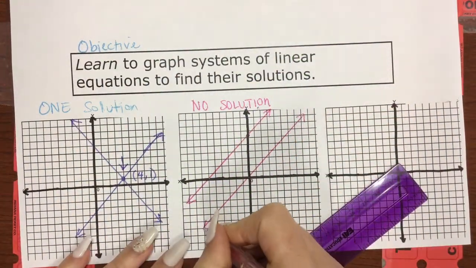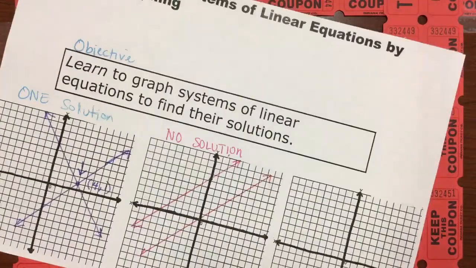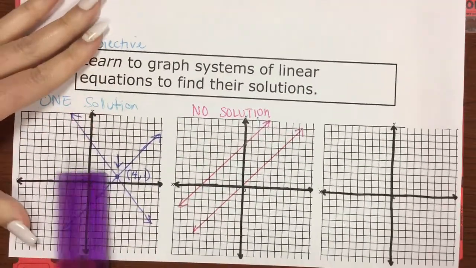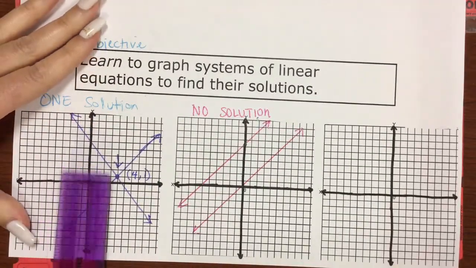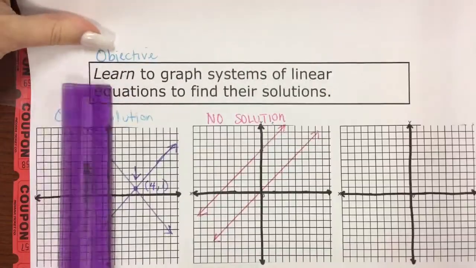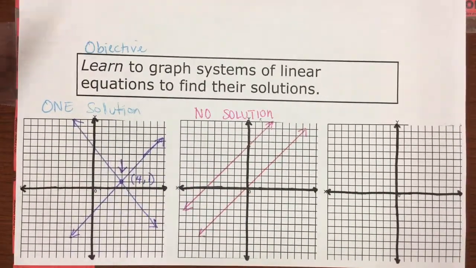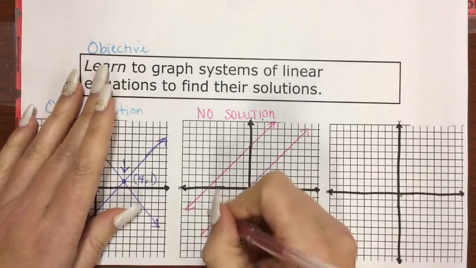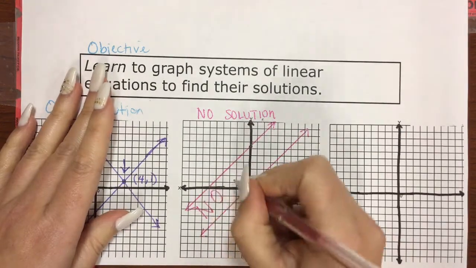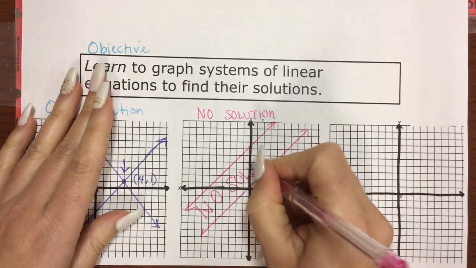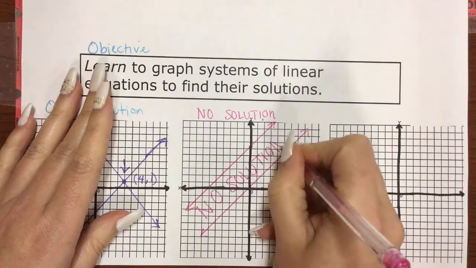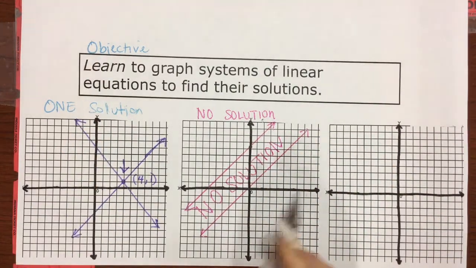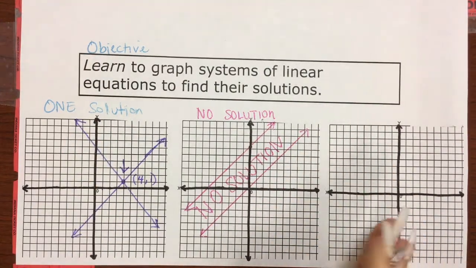Now, whenever you're solving systems of equations, you're always looking for where the lines intersect, and that point of intersection is your solution if you have one solution. Now, where do these lines intersect? They don't intersect at all. That's why this is a no solution. That is what no solution looks like.